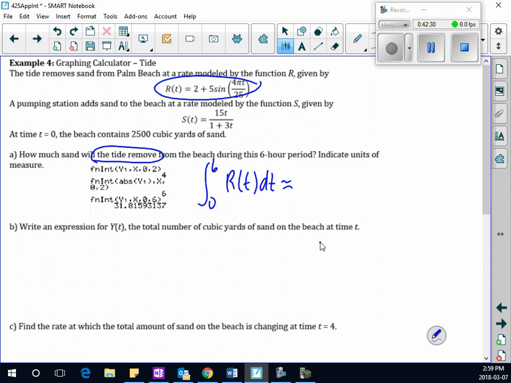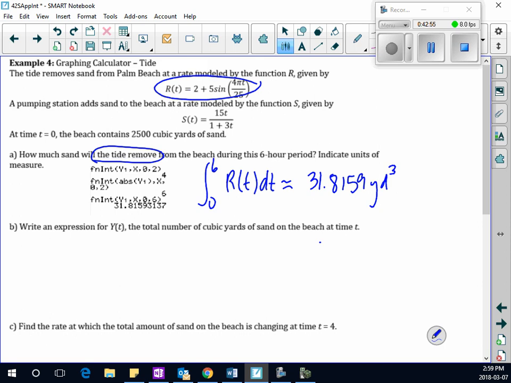This would be 31.8159 cubic yards. So that's how much got removed, right? It says write an expression for y of t, the total number of cubic yards of sand on the beach at time t. So that means at any point in time.